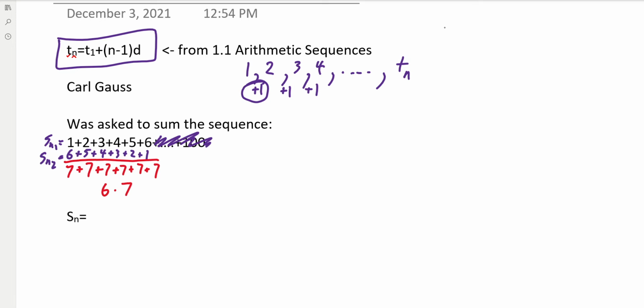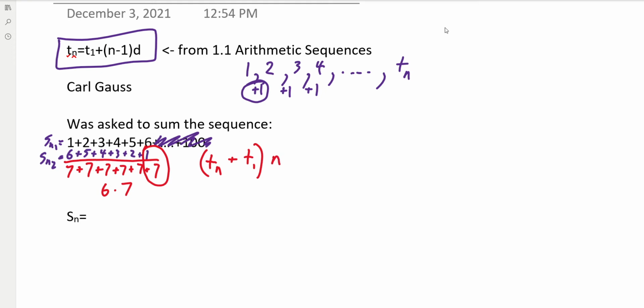But how can we make it even more general than that? Our nth term, tn, plus our t1 term, compares this part here, times the number of terms there have been.